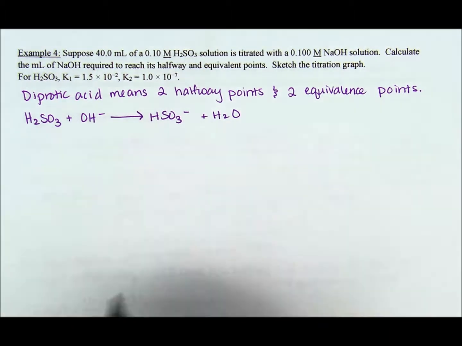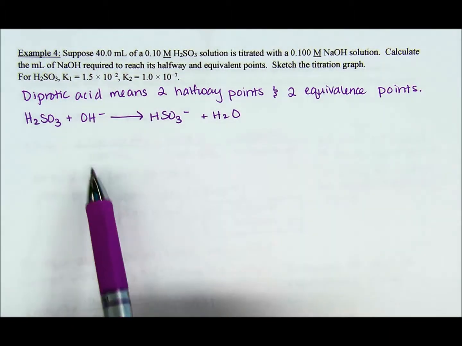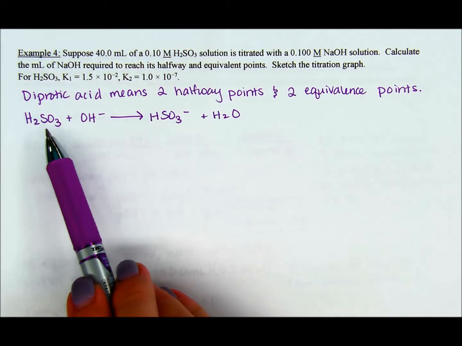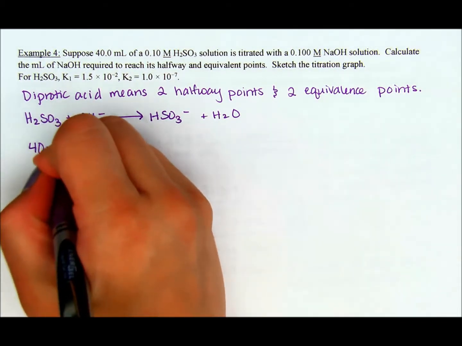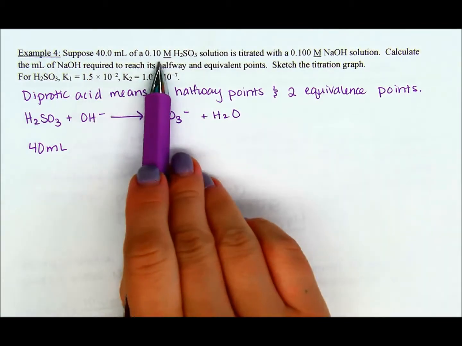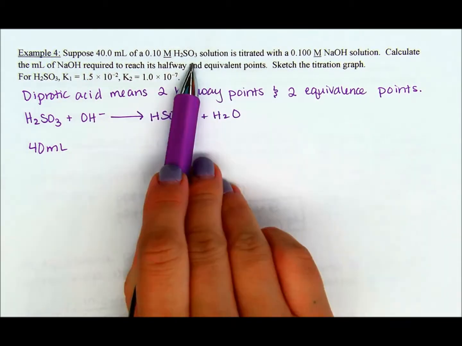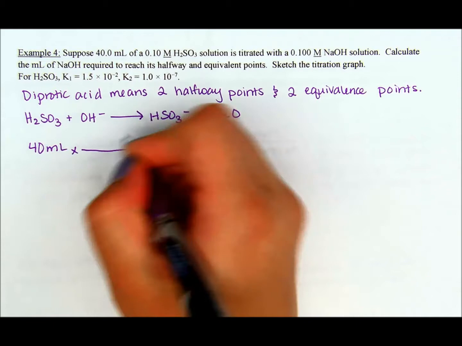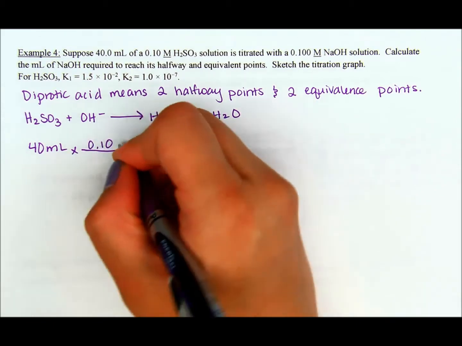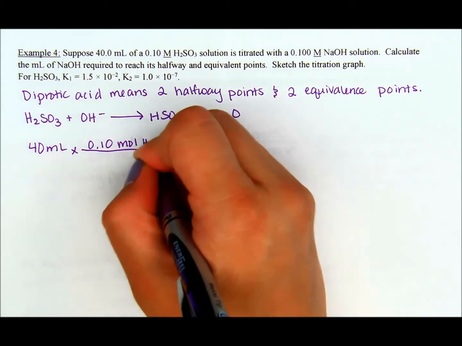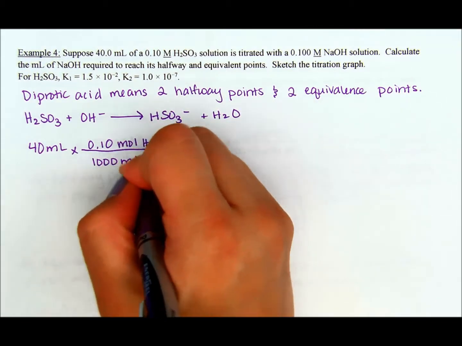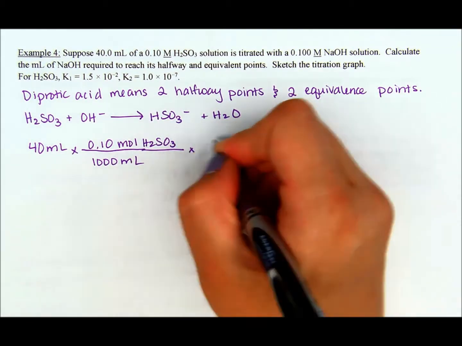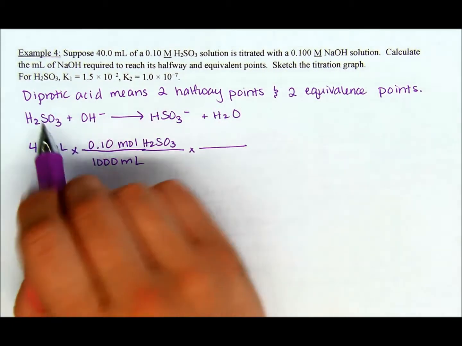So here, we're going to figure out how many milliliters it takes of our strong base to titrate to our first equivalence point. So we have 40 milliliters of a 0.1 molar sulfurous acid solution. So 0.10 moles H2SO3 per 1,000 milliliters. This is a 1-to-1 ratio.